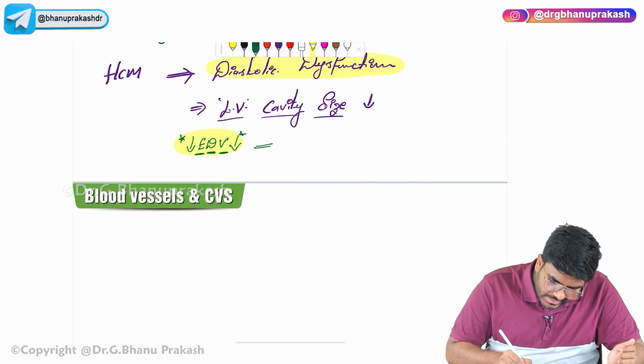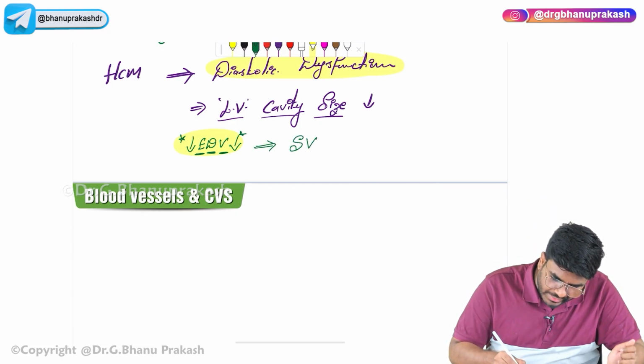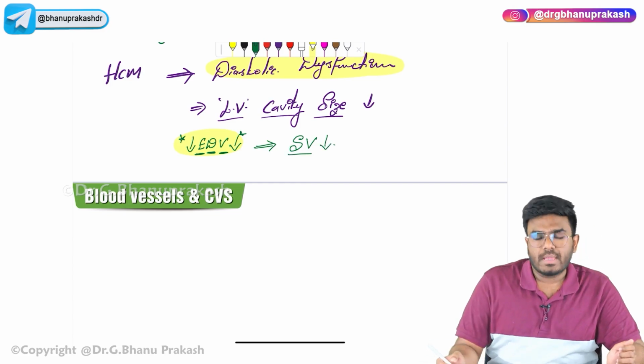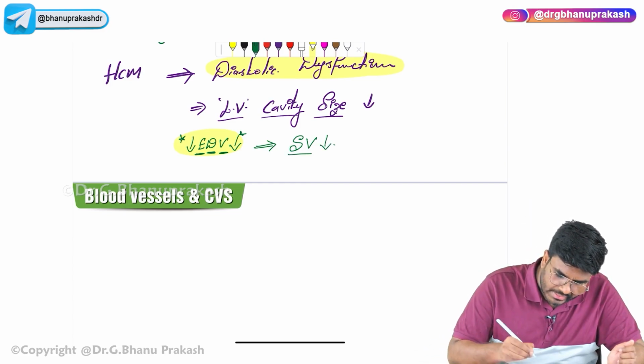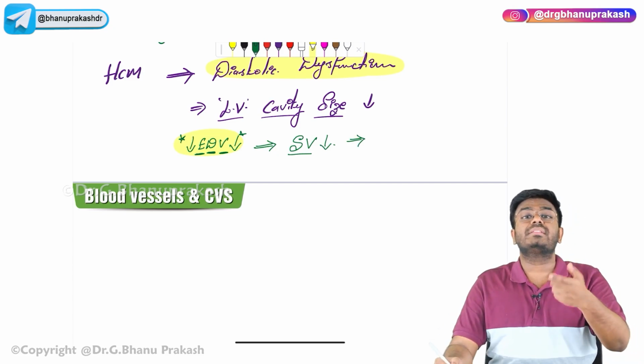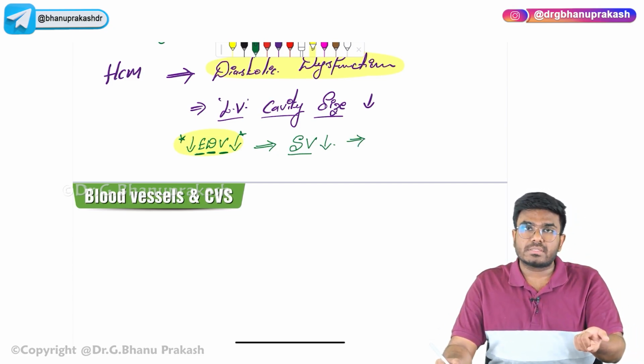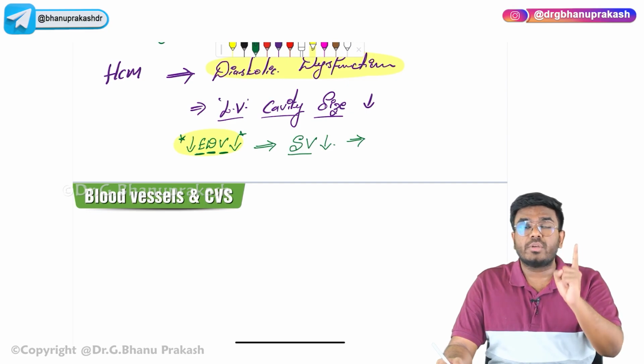Now, because of this decrease in the end-diastolic volume, what happens to the stroke volume? If EDV decreases, stroke volume decreases. Already he is having less stroke volume. If he does exercise, what happens? Heart rate increases, diastolic time decreases.